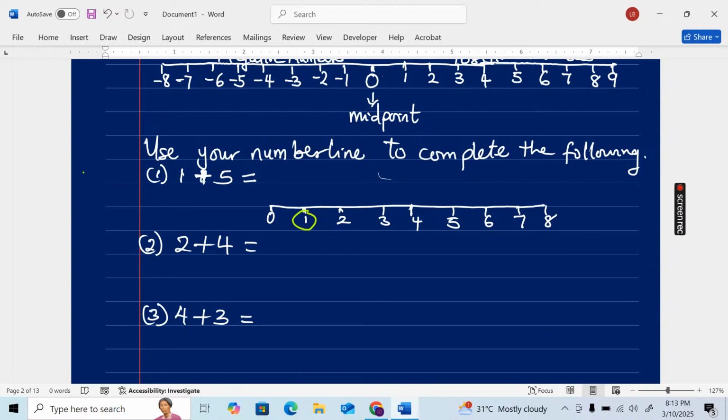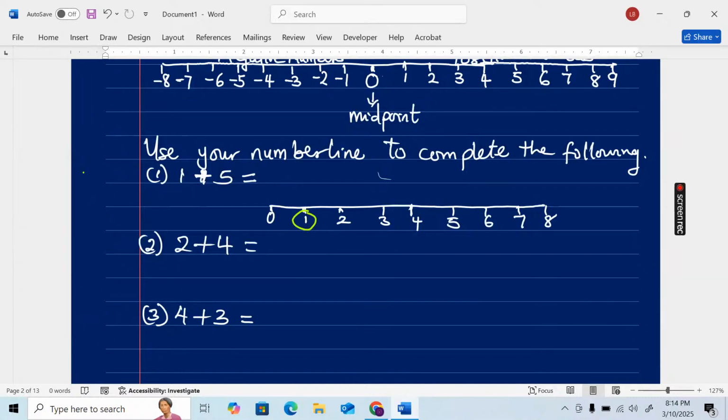Now, plus 5. I have to add 5, which means I'm going to count 5 steps to the right to get my answer.